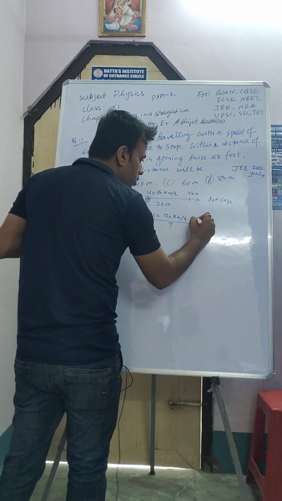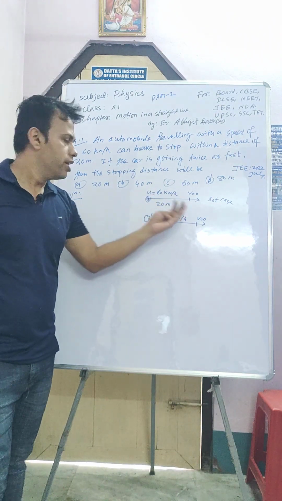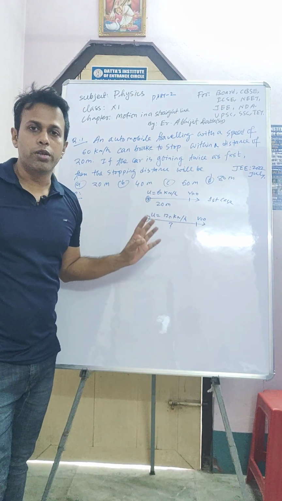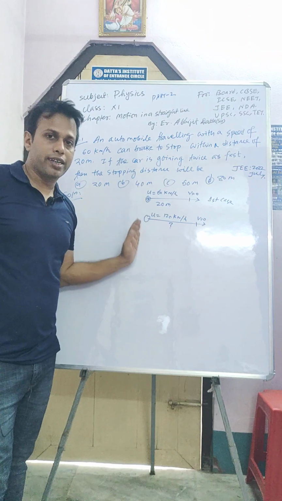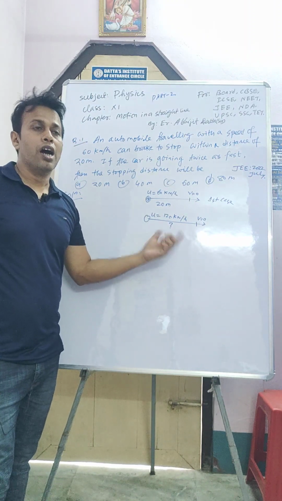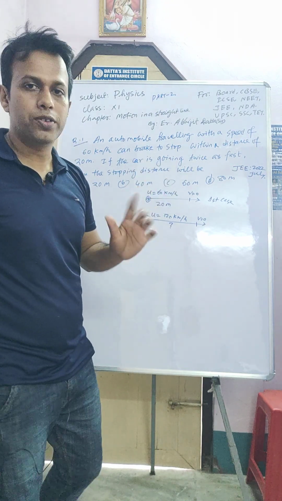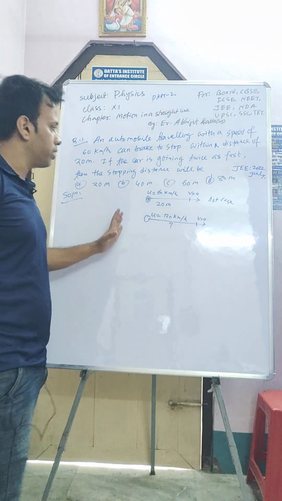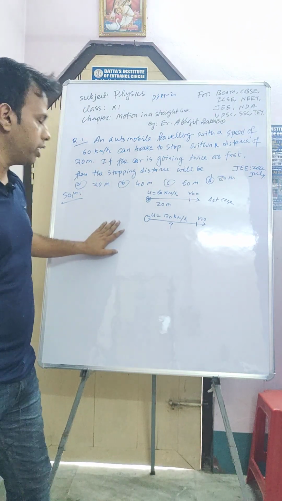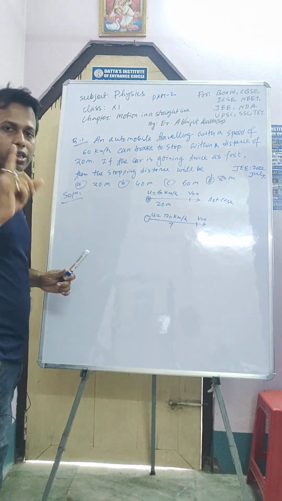That is, if the car moves at 120 km per hour instead of 60, and the driver applies brakes, after traveling what distance will the car stop? So first I will explain how to do this type of numerical in detail. After that I will give you a shortcut method.